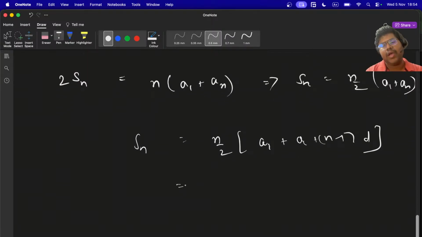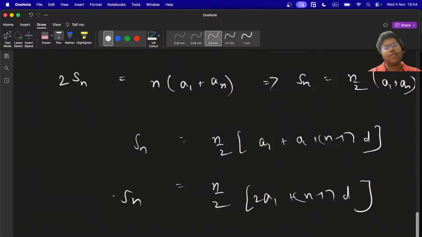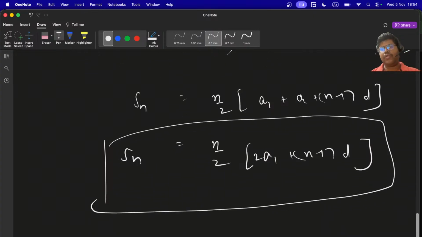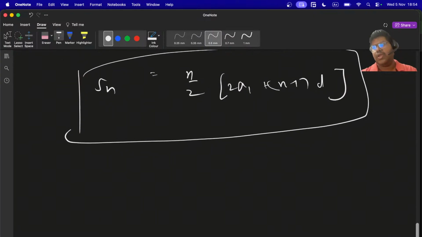Then I can simplify it as n over 2 times 2a1 plus n minus 1 d. So this is how I got the formula for the sum of the n terms.